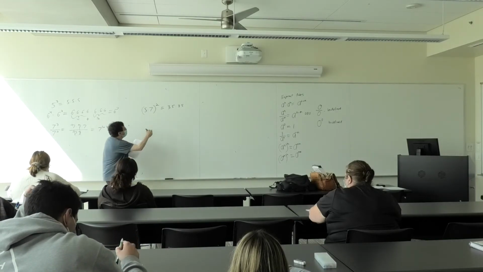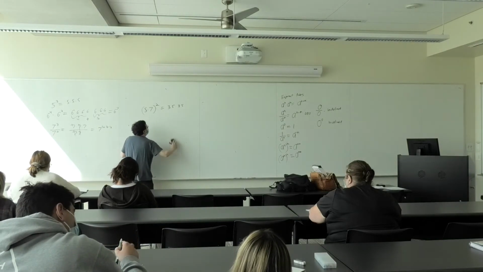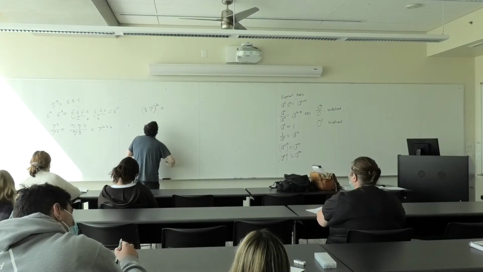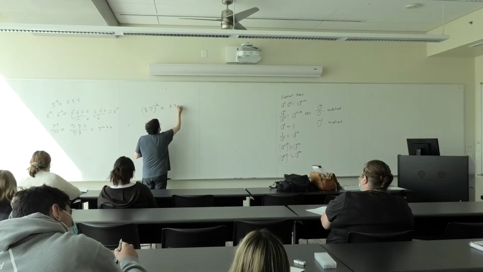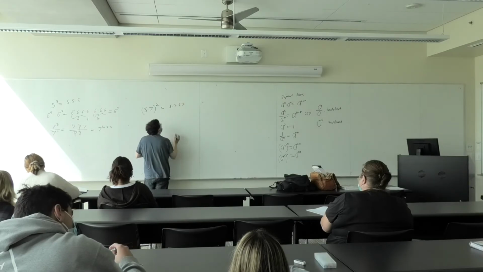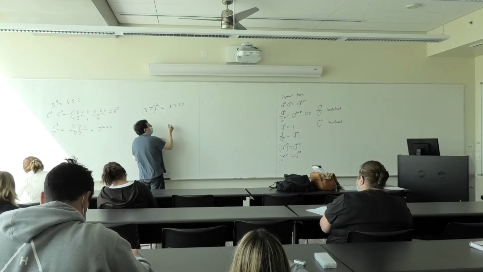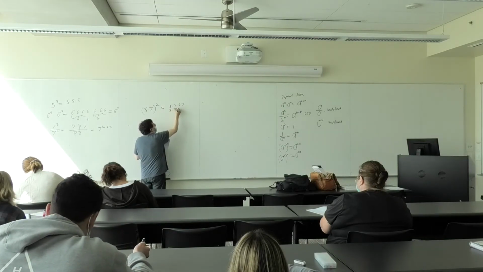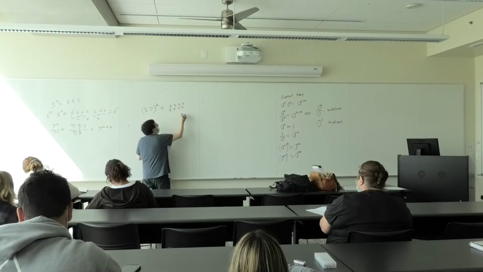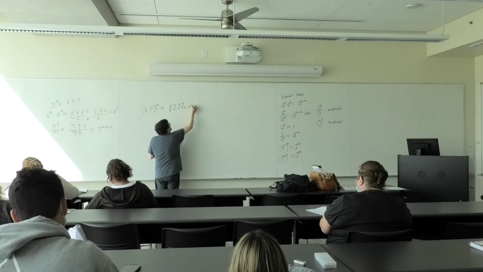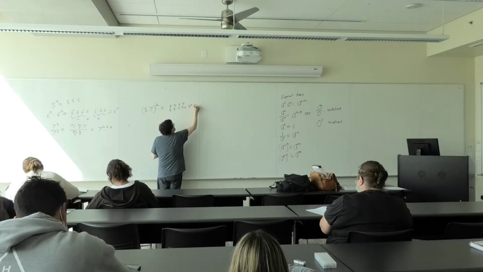But for the moment, let's just leave it as 5 times 7 times 5 times 7. Well, we can rearrange this. This is 5 times 5, 7 times 7, which is 5 squared times 7 squared.